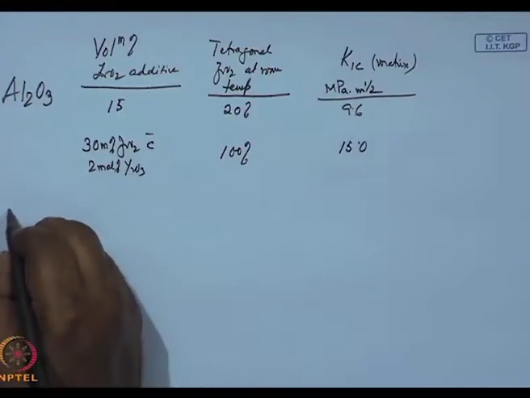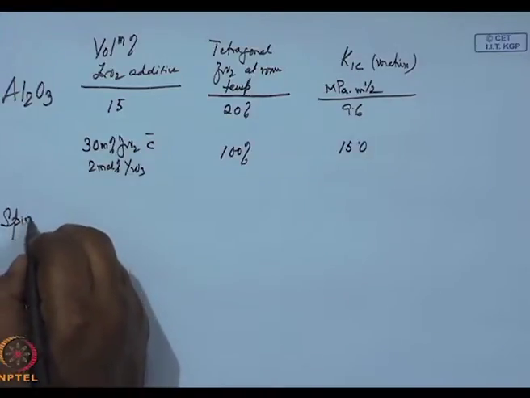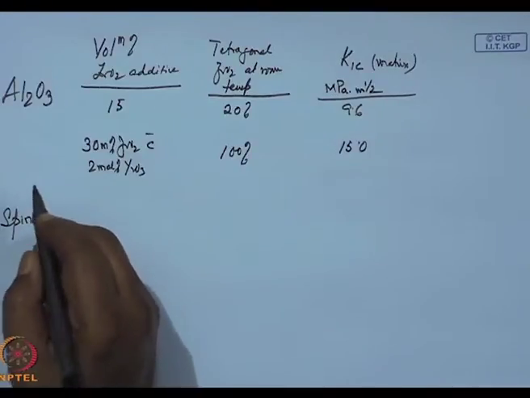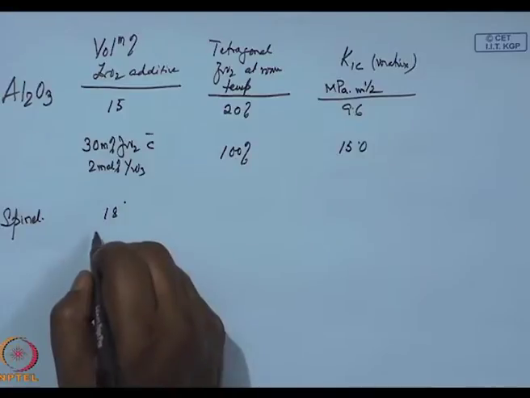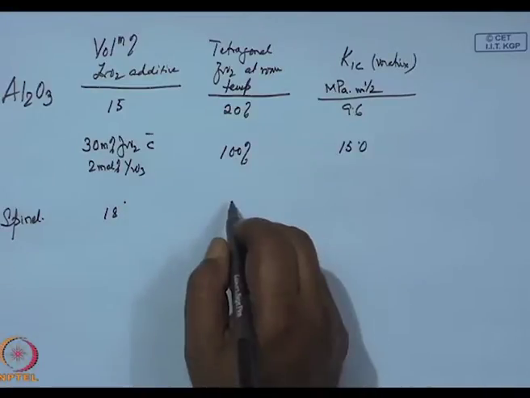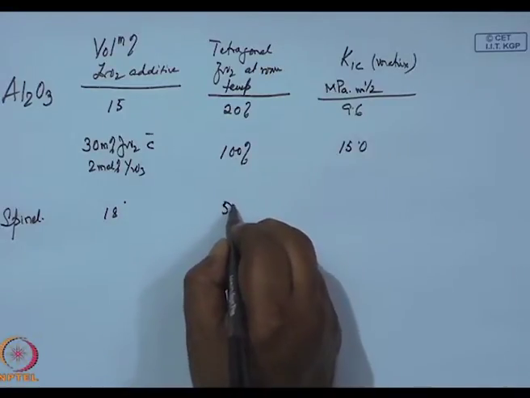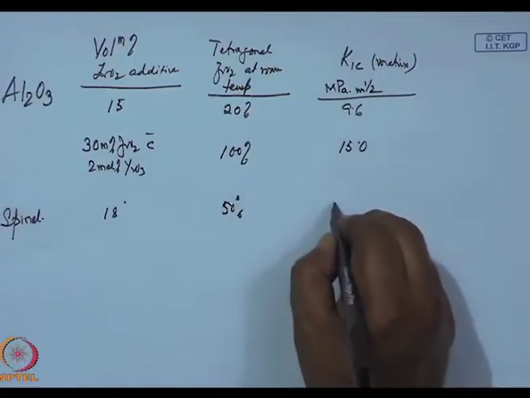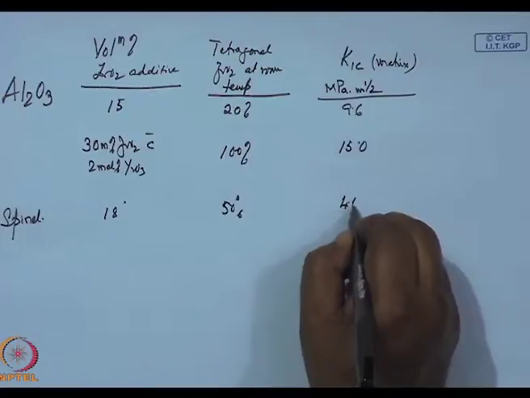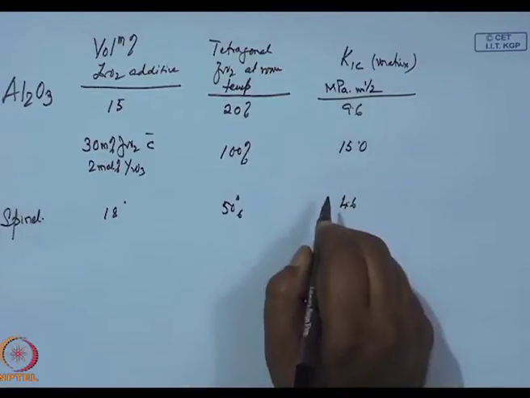Zirconia has been used as an additive in spinel to the extent, say, 18% of zirconia added. Tetragonal zirconia formation was 50% and the fracture toughness was just 4.6.